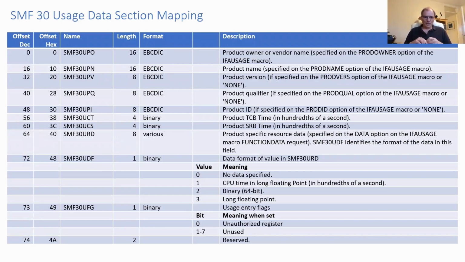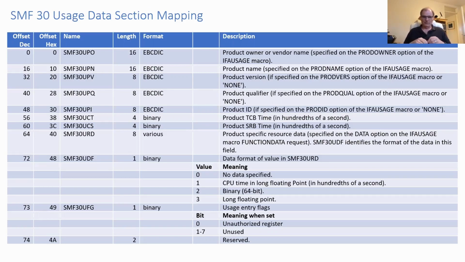Then below UPI, we start getting into numbers. So above UPI and including UPI is names, below it is numbers. So we have product TCB time. This is in hundredths of a second, by the way, and similarly SRB time in hundredths of a second. Then you have a field which is basically the function data request data, 8 bytes, and it's numeric. But you obviously want to know how to interpret that field. Well, that's what the UDF field is.